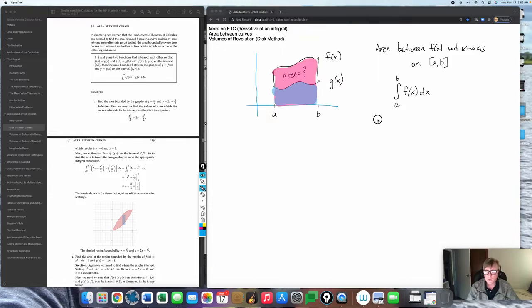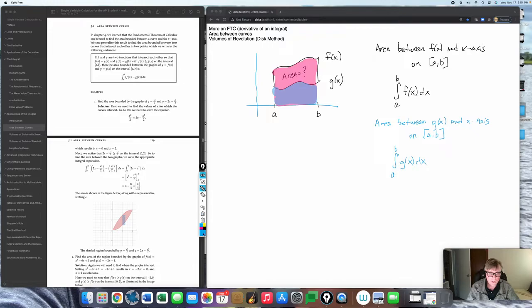Okay, so the area, I'm trying to get my pen to work here, the area between g of x and the x-axis on that same interval is the integral from a to b of g of x dx, right?